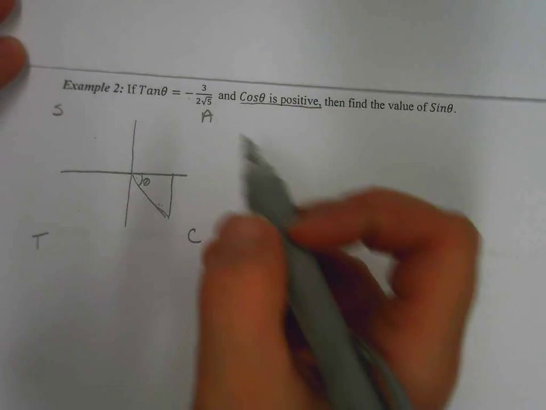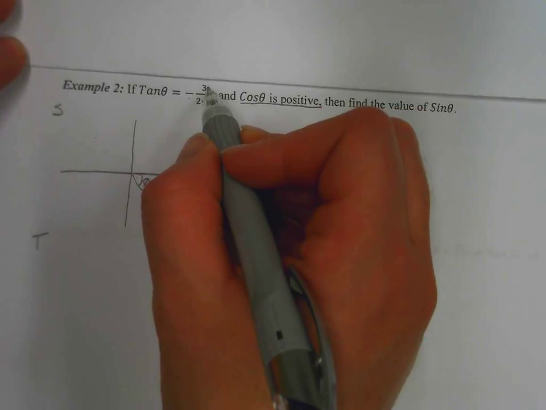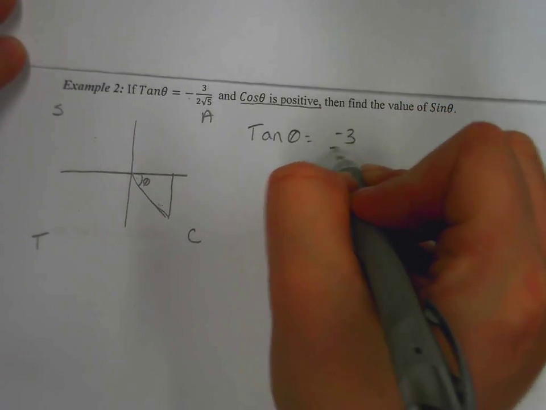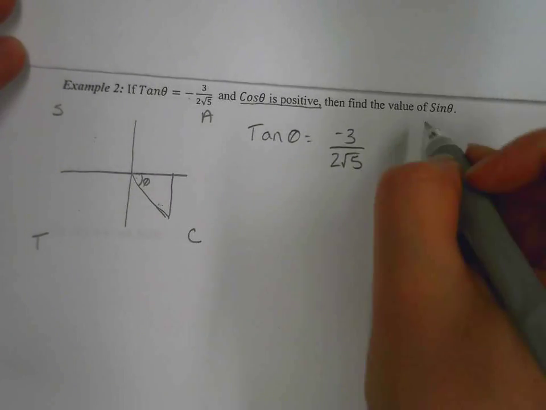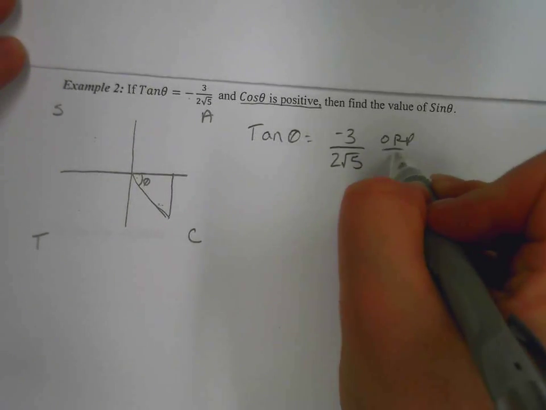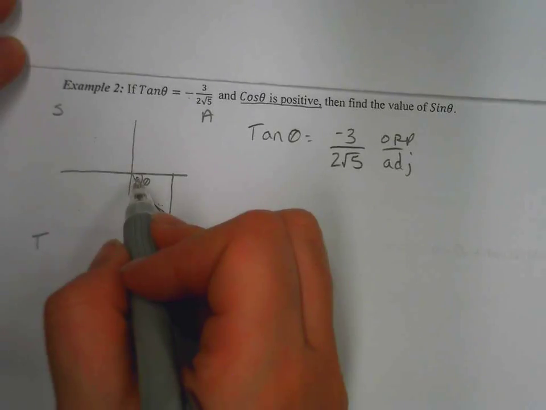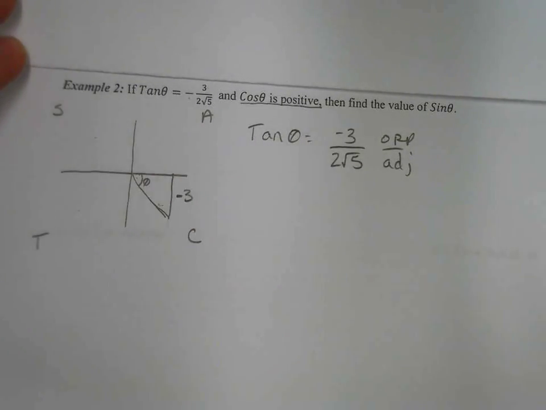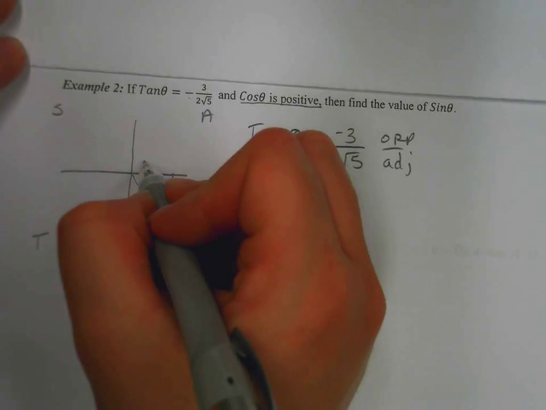Here's my angle. Tangent, remember, is opposite over adjacent. So the opposite would be 3, and because we're in this quadrant, 3 would have to be negative, and the adjacent would be 2 root 5.